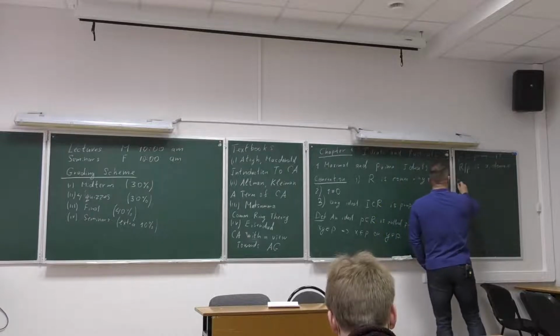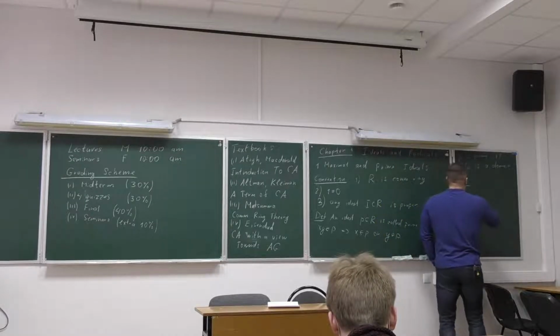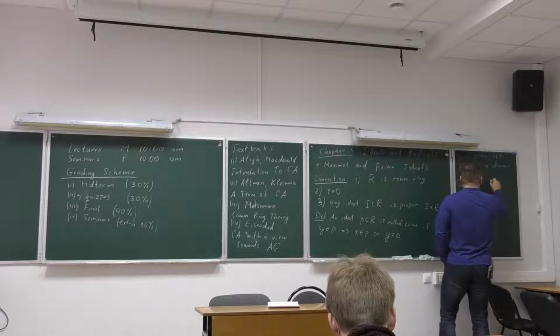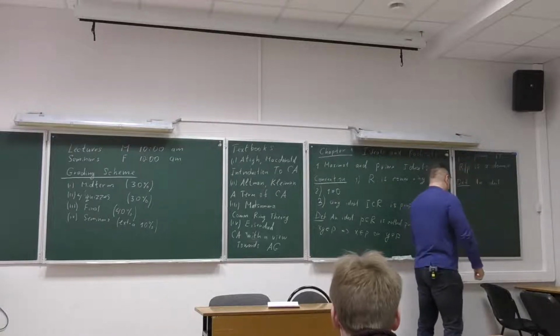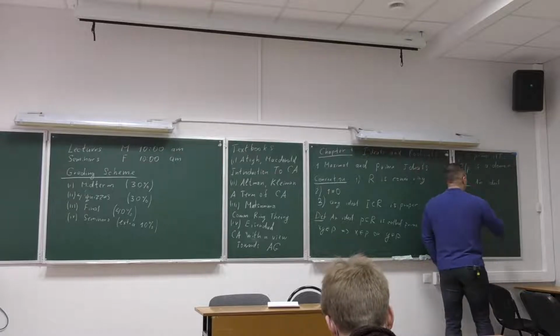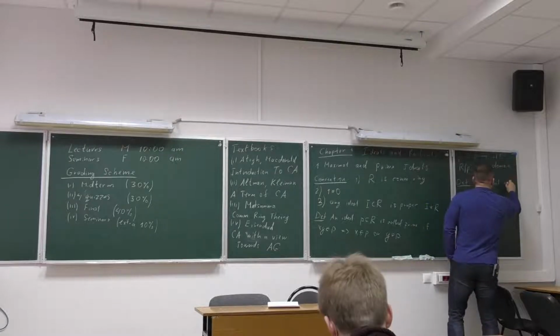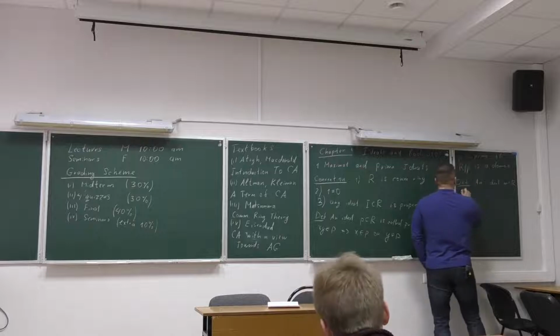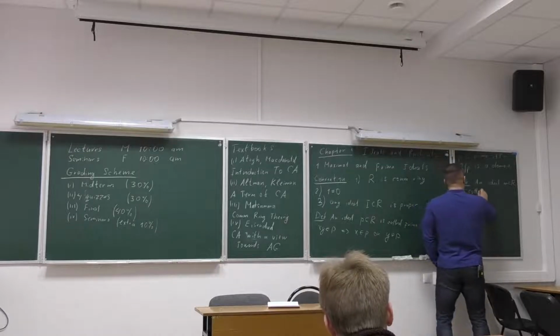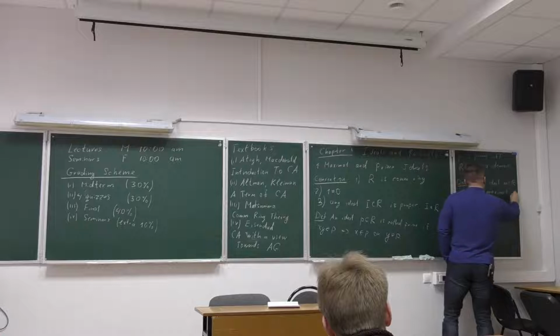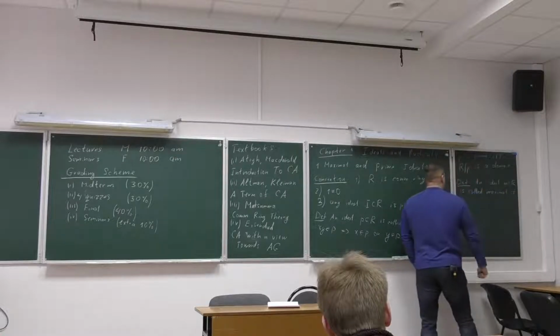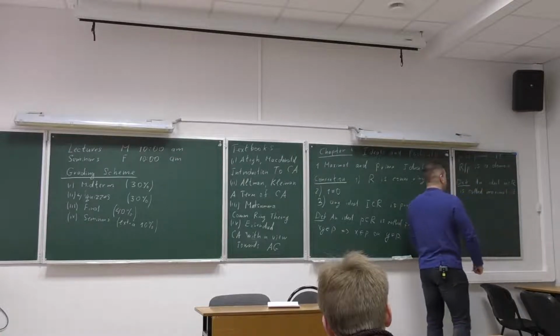Now let's recall maximal ideals. For maximal ideals, if you want to follow the standard convention, you use little m. So an ideal m in the ring R is called maximal if the following is true. Well, this is maximal in very natural sense.